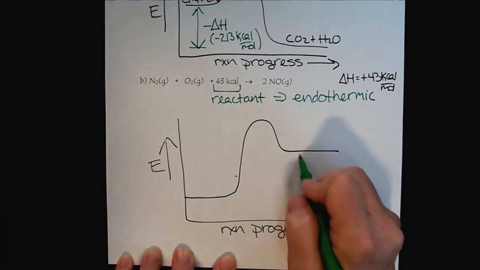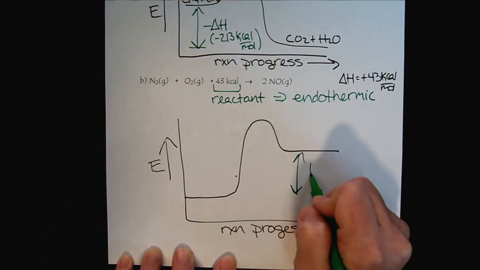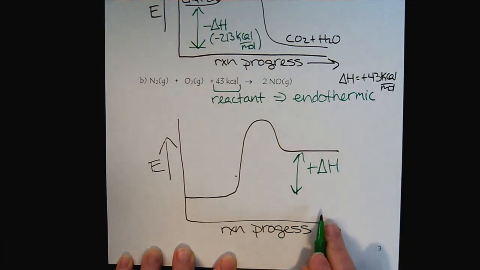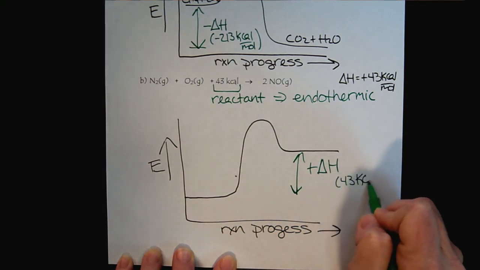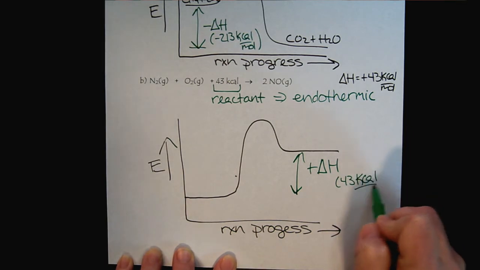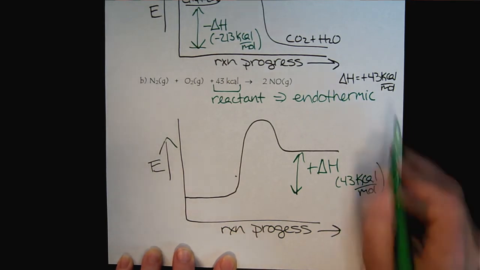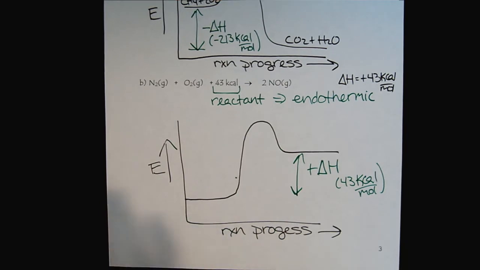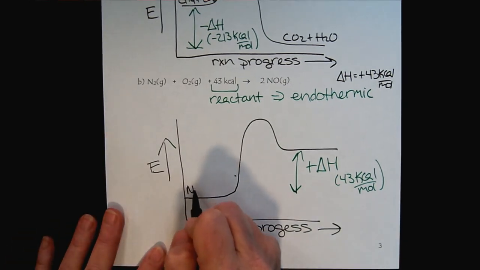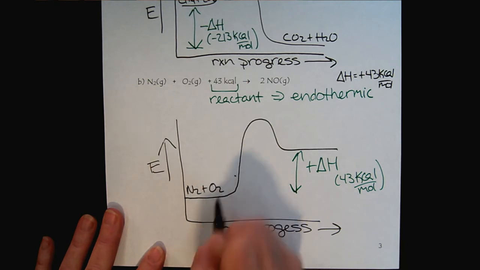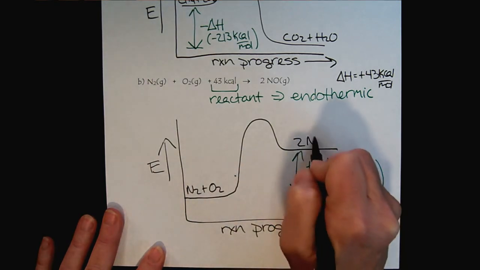So we have to put in heat or energy. And in this case, we know the minimum amount we have to put in because we're given the value. And then to finish up our diagram, we will list the actual reactants and products for this reaction.